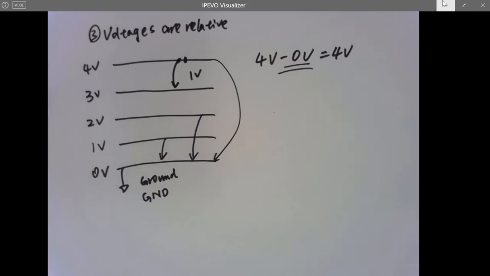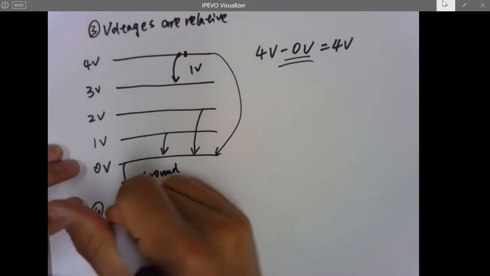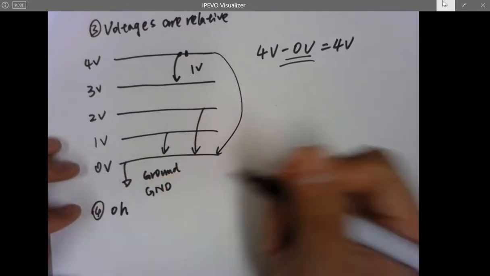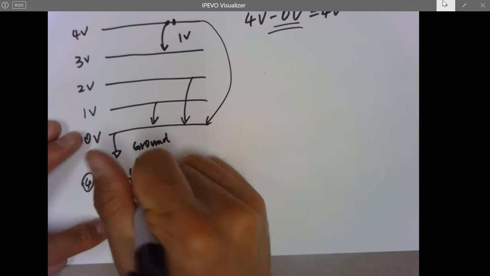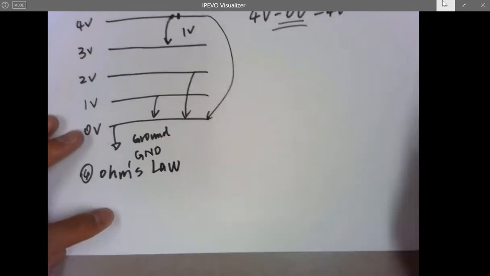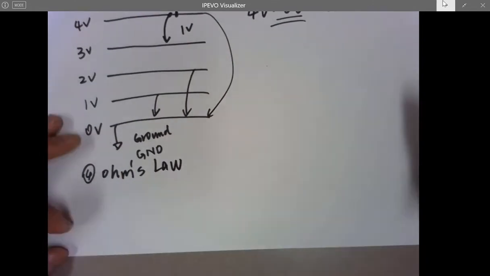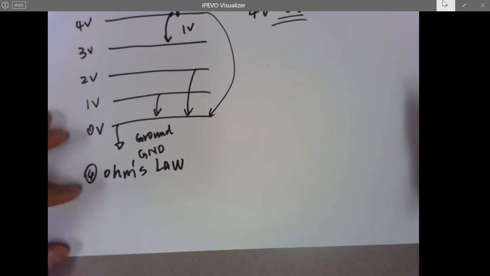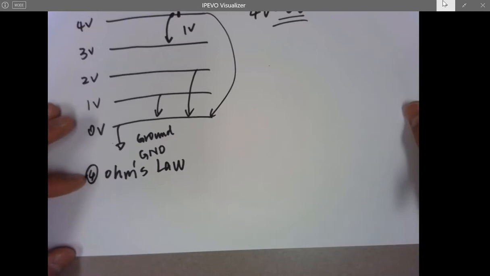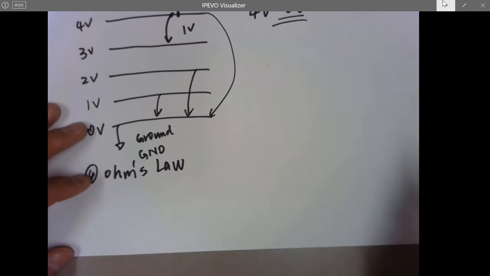Okay. And the next concept is called Ohm's law. All right. Pay attention. This is pretty important. You may see many different definitions for Ohm's law, but the very essential concept, the number one important law in electric circuit analysis, you can describe very simply.